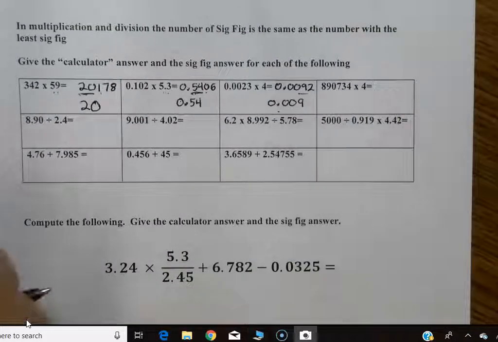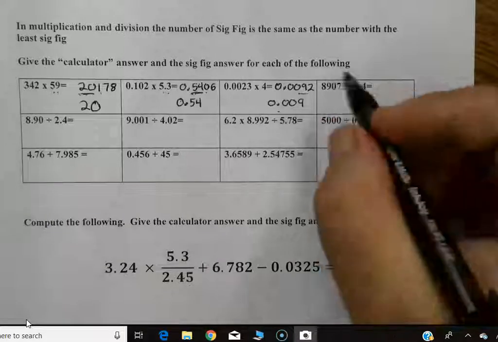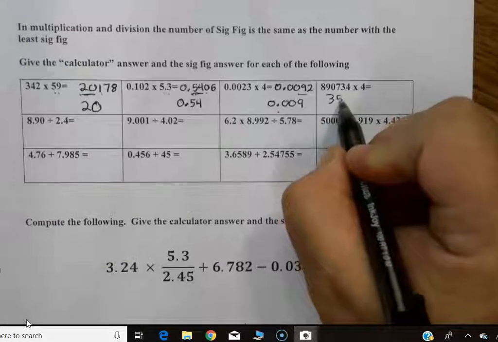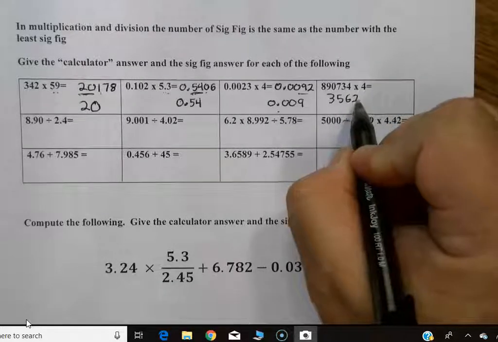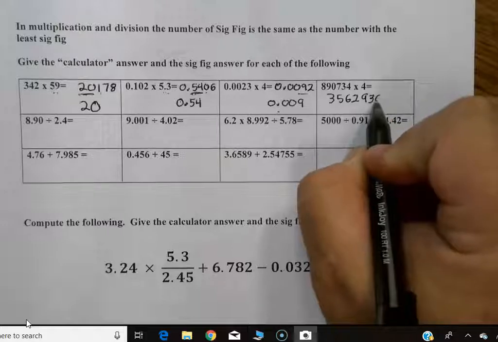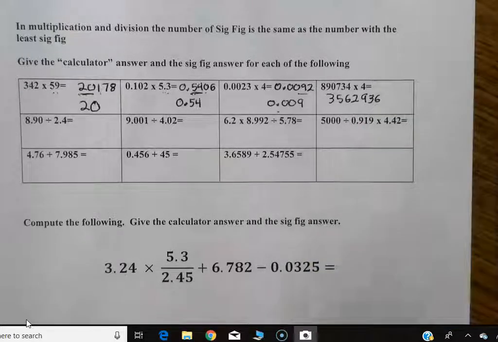Okay, the next one. And this is the type that'll drive you crazy. 890,734 times 4. Okay, and that's going to give you 3,562,936. With a number this large, usually you do put commas in, but we're not here.